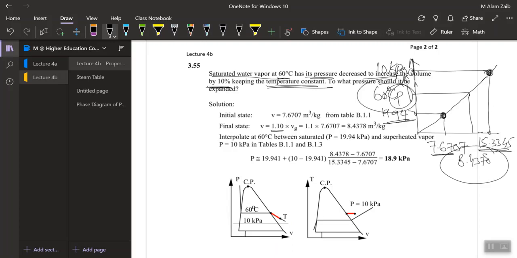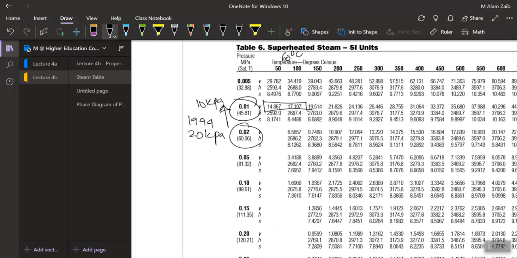What's a little bit tricky about this question is, I did say let's assume that we know the volume at 10 kilopascal at a temperature of 60 degrees. But if you look at the steam table itself, we do not have a column of 60 degrees centigrade at 10 kilopascal. So my point of view would be, on a rough side, first you have to find the volume at 60 degrees centigrade, obviously by interpolation between the two values.